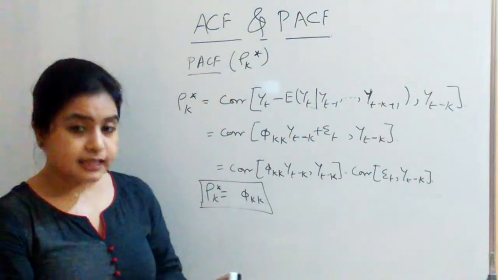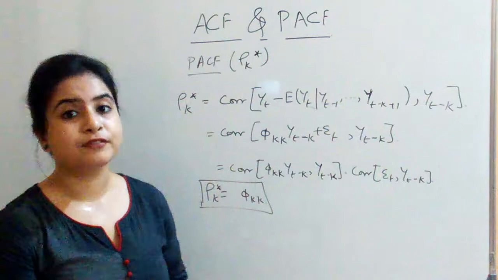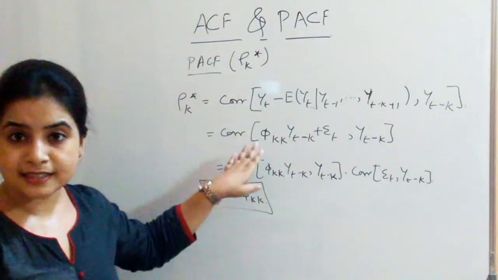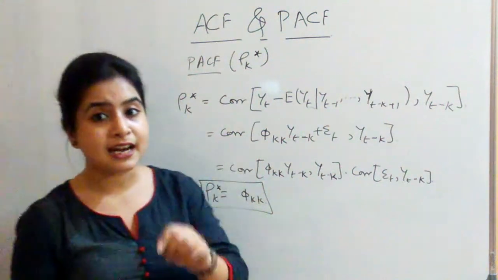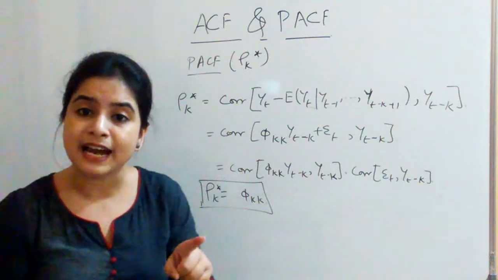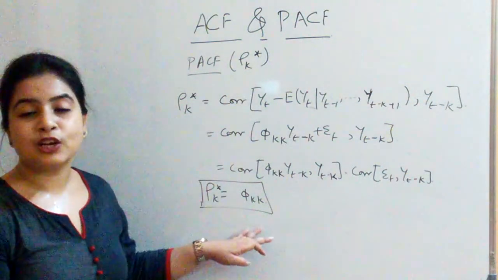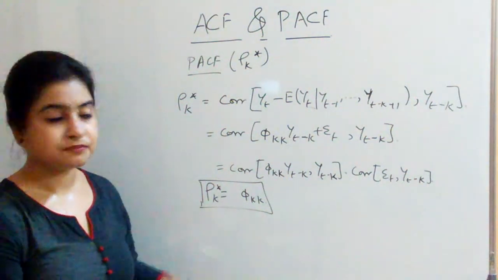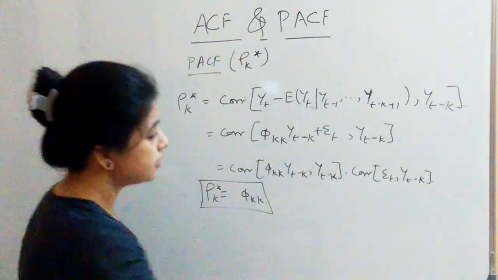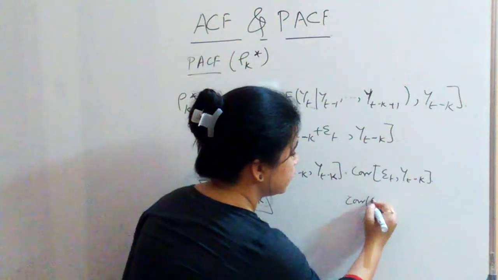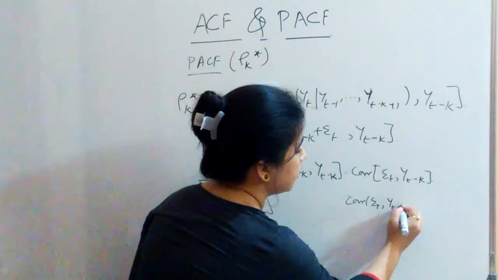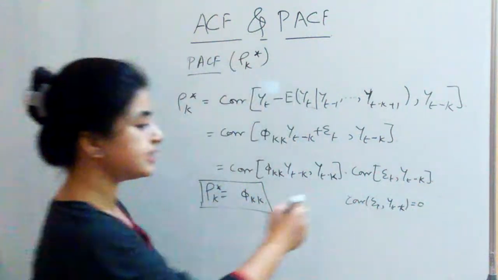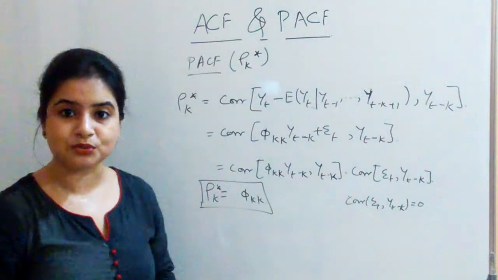That is the order of the series, the order of the AR series. The coefficient of that is the partial autocorrelation function. And here, as we can find, the correlation between epsilon t and yt minus k is equal to 0.